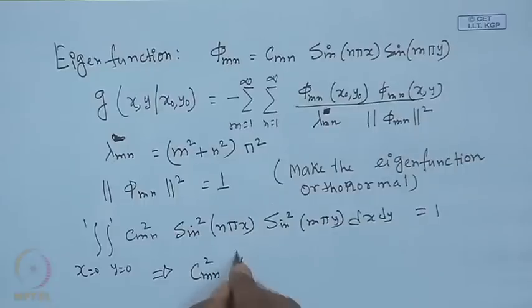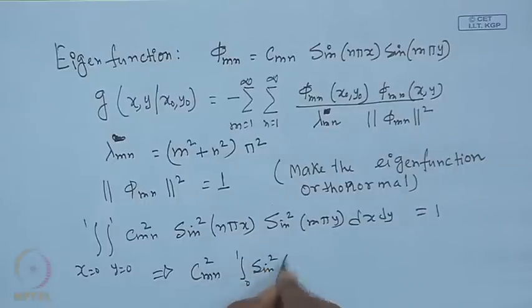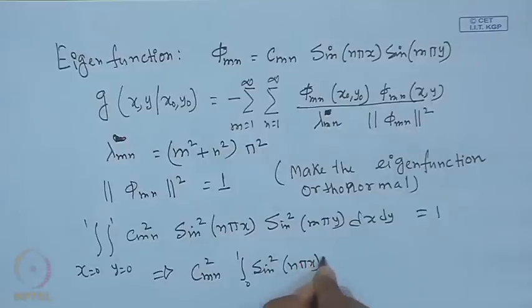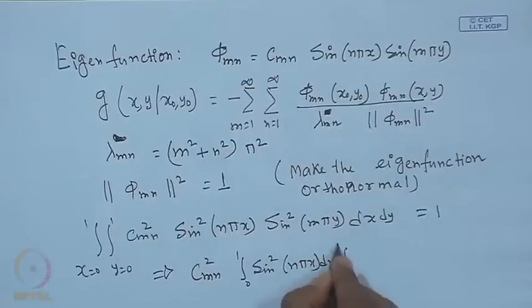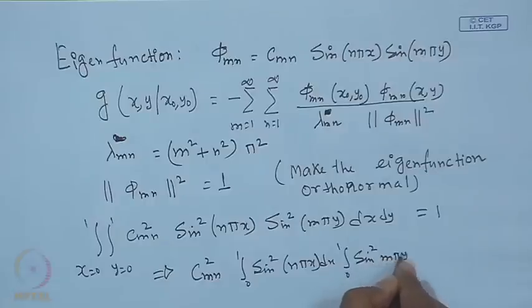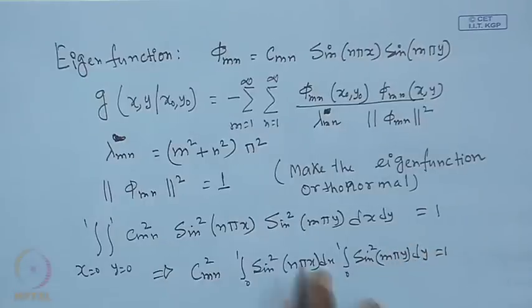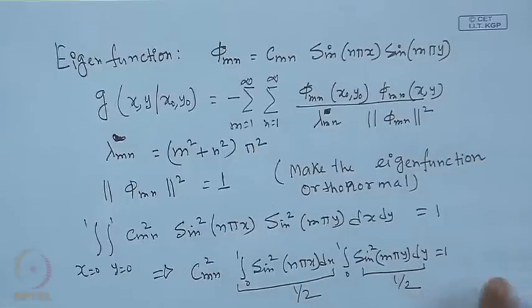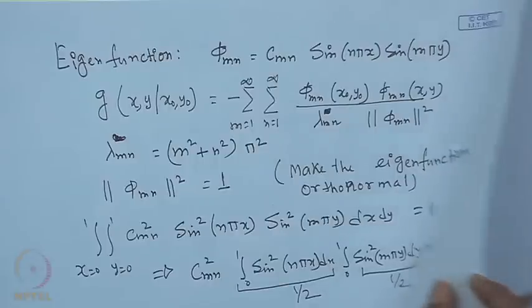So, integral 0 to 1 of sin square n pi x dx times integral 0 to 1 of sin square m pi y dy is equal to 1. Now, we have already seen the value of each integral is half.